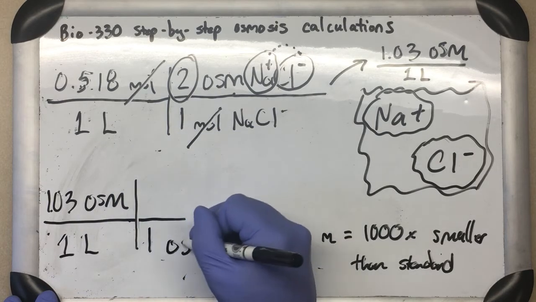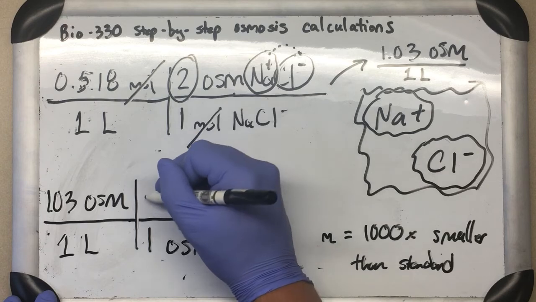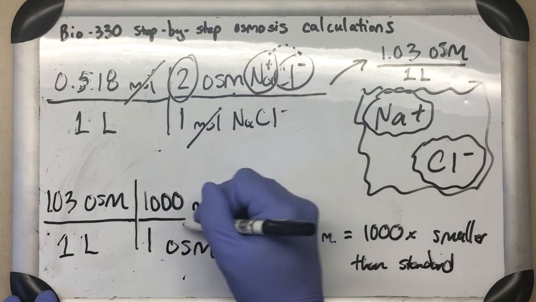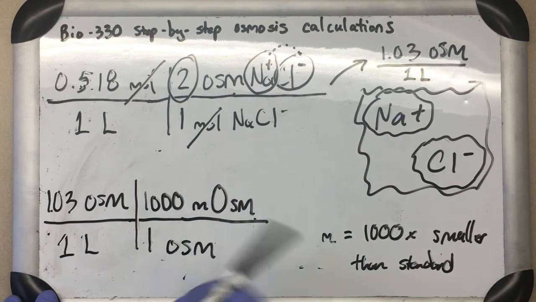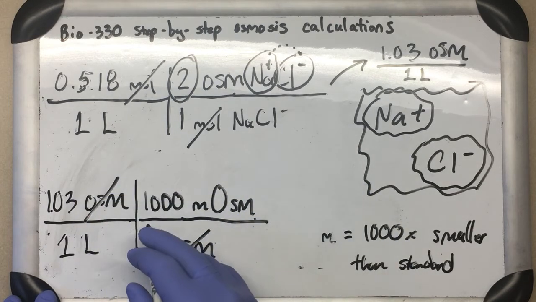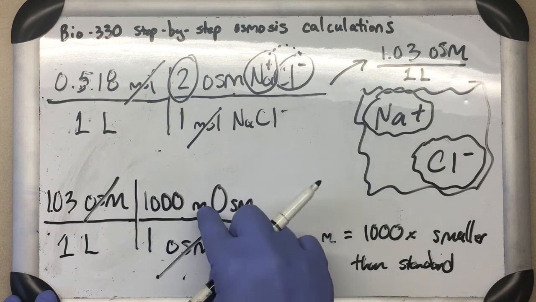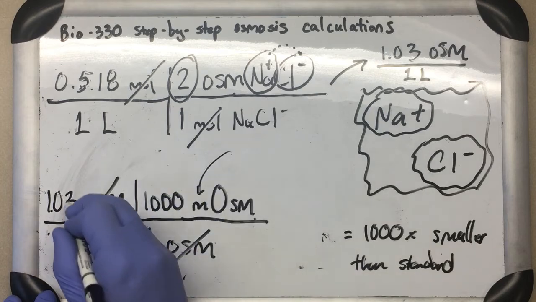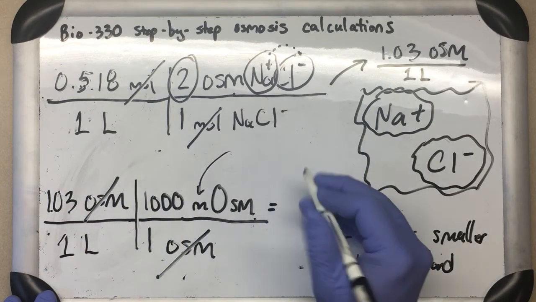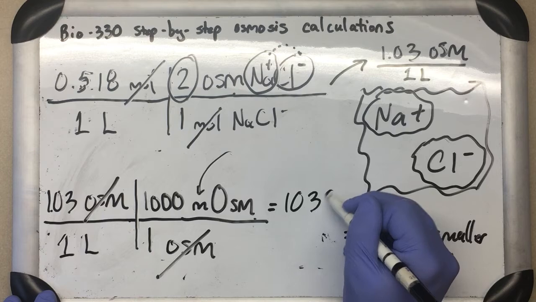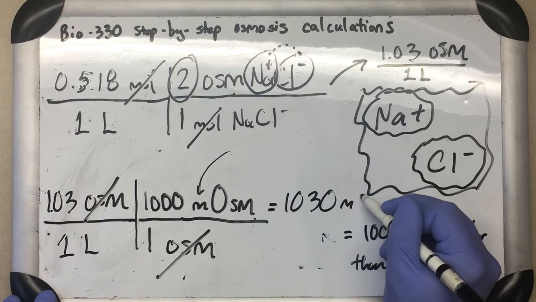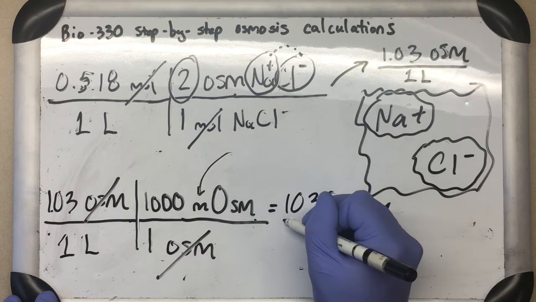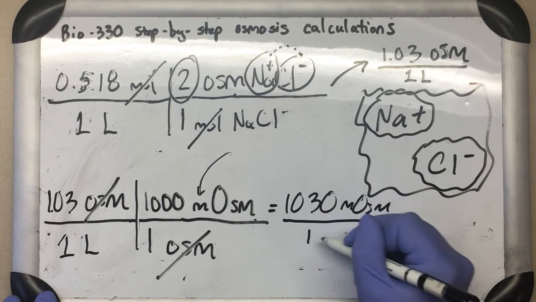So 1 osmole of whatever we're measuring is going to be equal to 1,000 milliosmoles, because in this case there's going to be a lot higher concentration because we're looking at a lot smaller unit, because remember, this unit right here is 1,000 times smaller. So in this case, multiply this by 1,000 and you end up with a number that looks like this. Per liter.